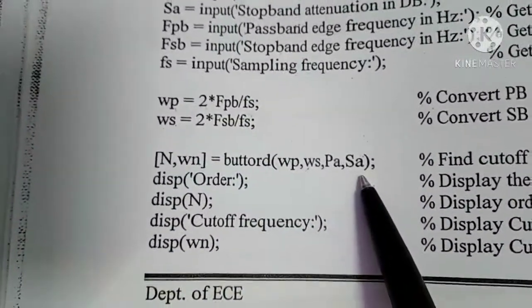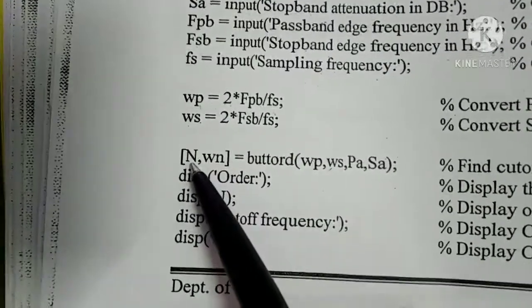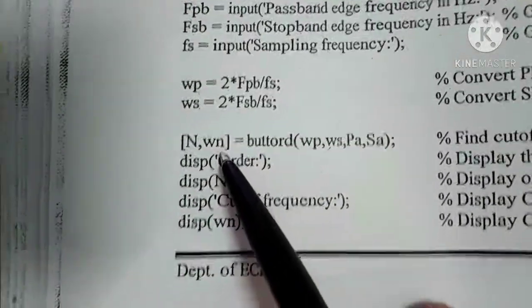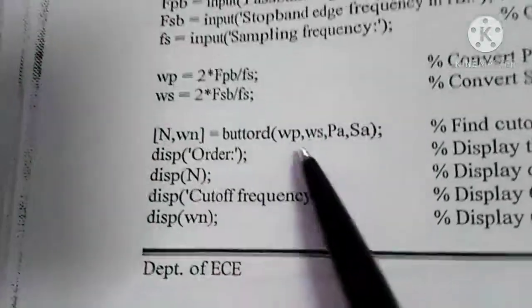Now when we give these frequency values with pass band attenuation and stop band attenuation, it will calculate two things: n, the order of the filter, and the critical frequency. By using these two we can calculate the filter, that is H of z.